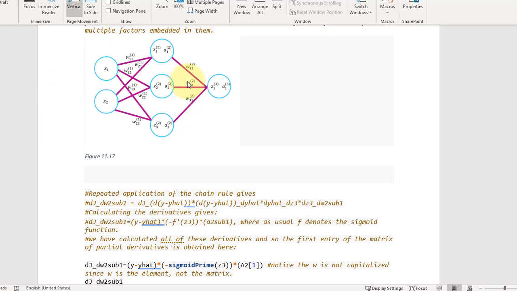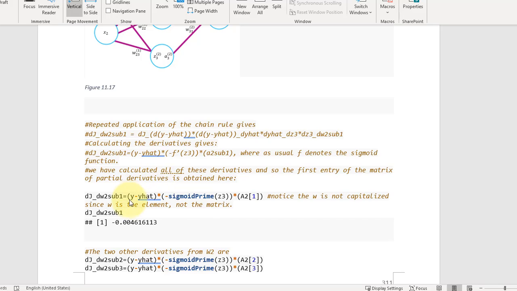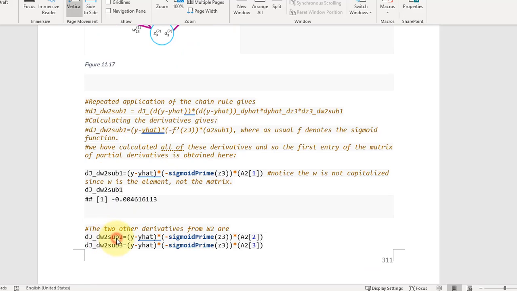Now we have to do the same thing for this one and for this one, but the logic is still the same. To get from here to J, it's just as though we had the 1-1-1 network, and there was only this one weight, going to this one node. So the pattern should be the same. We want the derivative of J with respect to this weight, which in this notation is W2 sub 2.